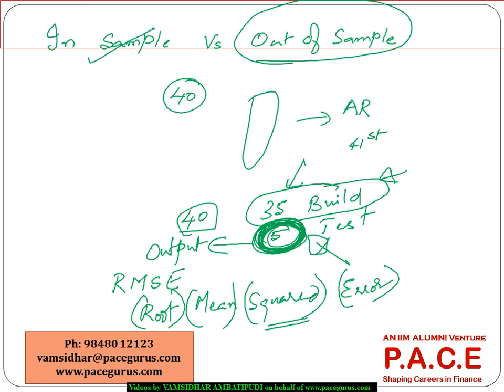Do the root mean squared error for the out of sample data as well as the in sample data. If both of them are resulting in more or less similar values, or probably slightly lower for the out of sample data, then the model accuracy is much better compared to directly using all the data to build the model as well as testing it on the same sample.